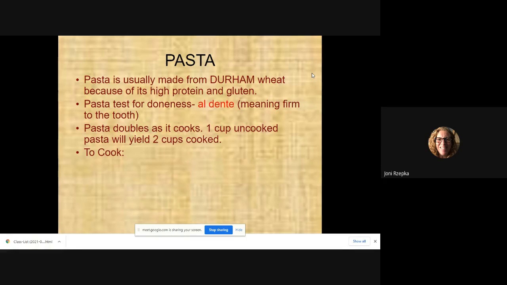So to cook pasta, you want to boil a large pot of water. Add your pasta once it boils. Cook for 10 minutes. Drain it. And then toss with oil to prevent it from sticking together.